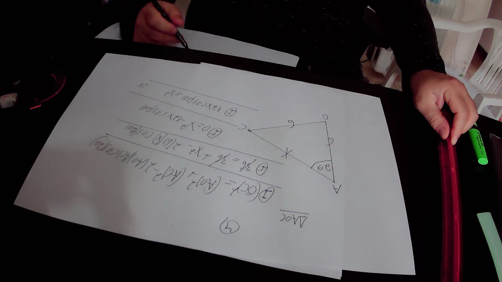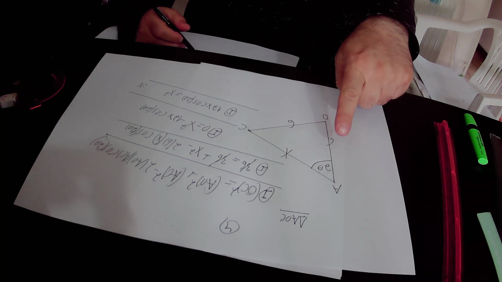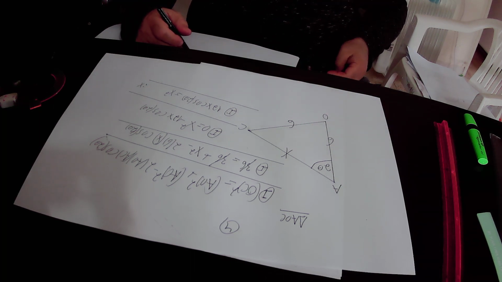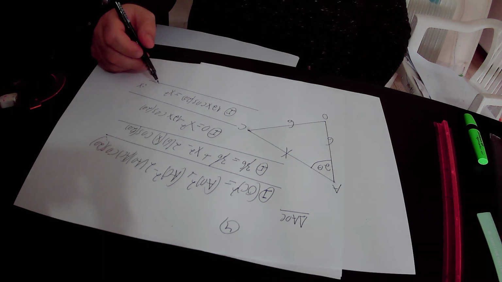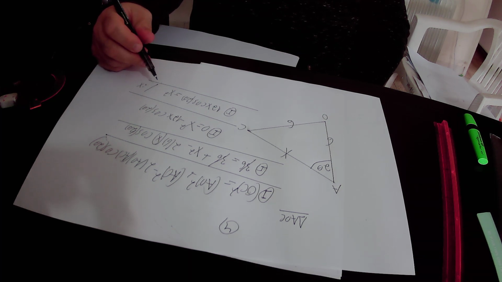We should remember that x is the length of side AC. It is the variable that we are looking for, and it is a positive number. It can never be equal to 0, and that is the reason that we can divide equation number 1 by x. As the length of a side, it must be a positive number.